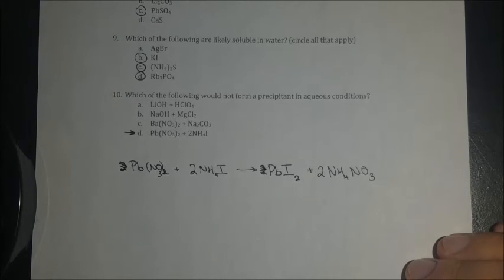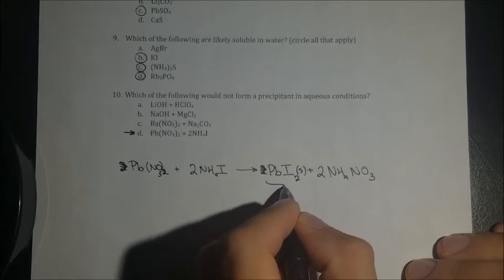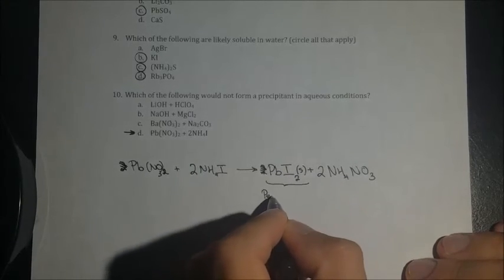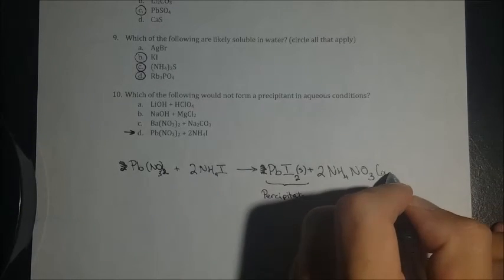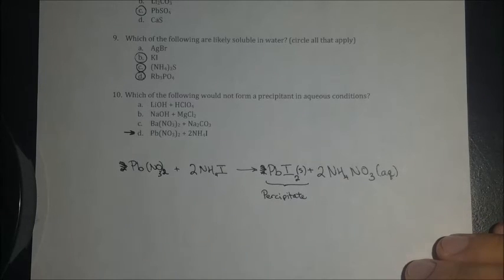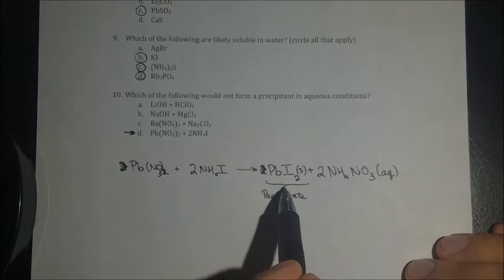And now let me just assign my phases. This is going to be our solid, so this is our precipitate, and this is our salt, which is soluble in water. Okay, so now that we have shown an example of a double displacement reaction, we've also demonstrated how the precipitate forms.